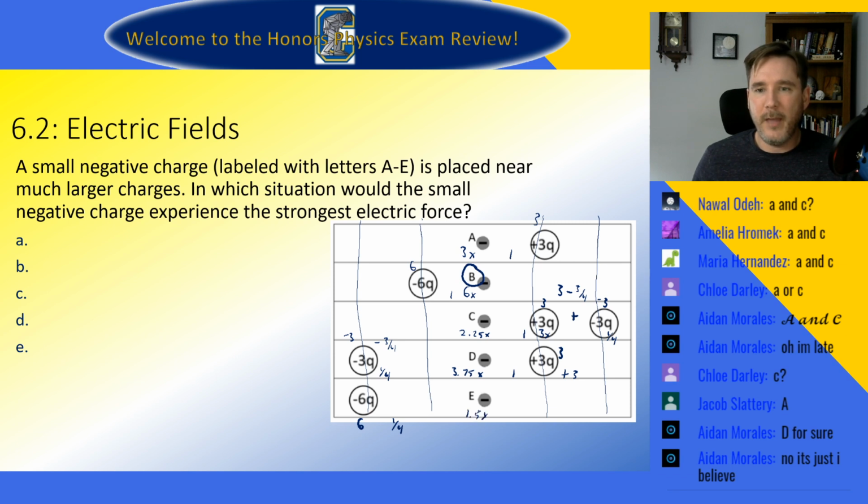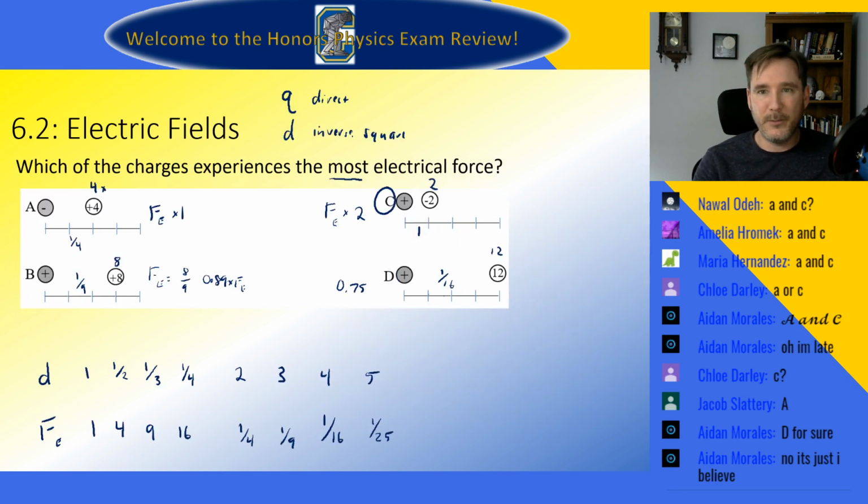So after all that, I probably could have just looked at this and said, well, this thing's really close, it's got a pretty decent sized charge, and I think it's going to be the winner. And so if you have to make a guess, look at the distance.